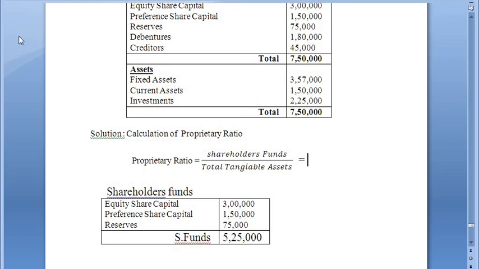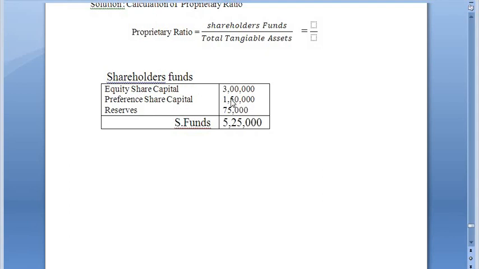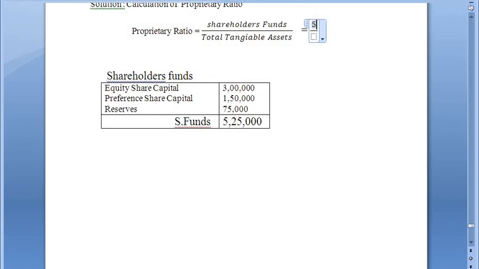Write here, shareholders funds. How much is the amount of shareholders fund? 5,25,000, divided by total tangible asset. How much is total tangible asset?